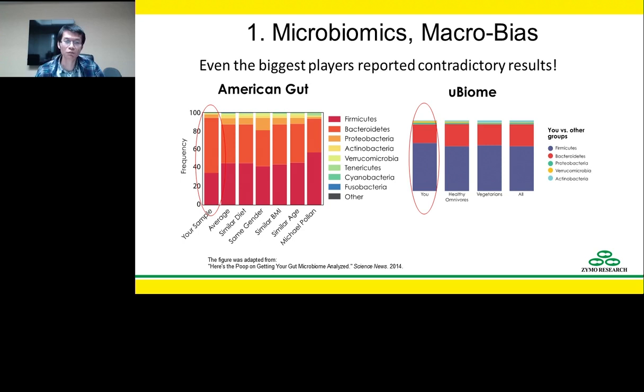As you know, in the past decade, the field of microbiomics has developed rapidly, and it has greatly changed our understanding about microbiology and how microbes interact with human beings. At the beginning of this talk, I would like to talk about the problem with the bias issue in the field.